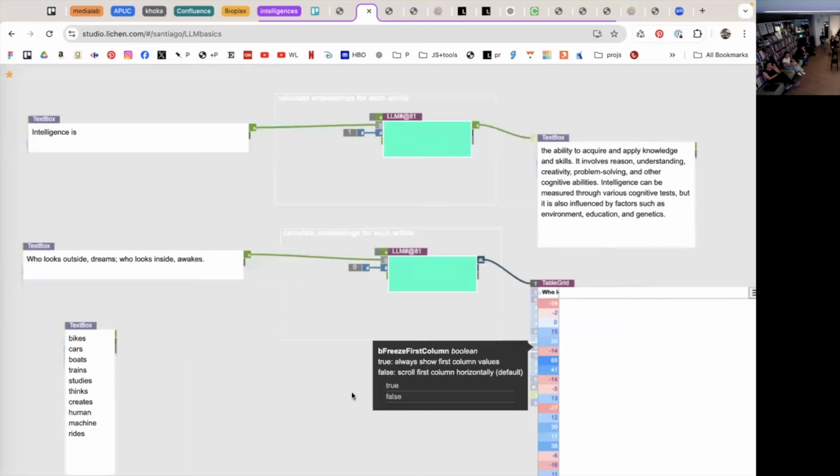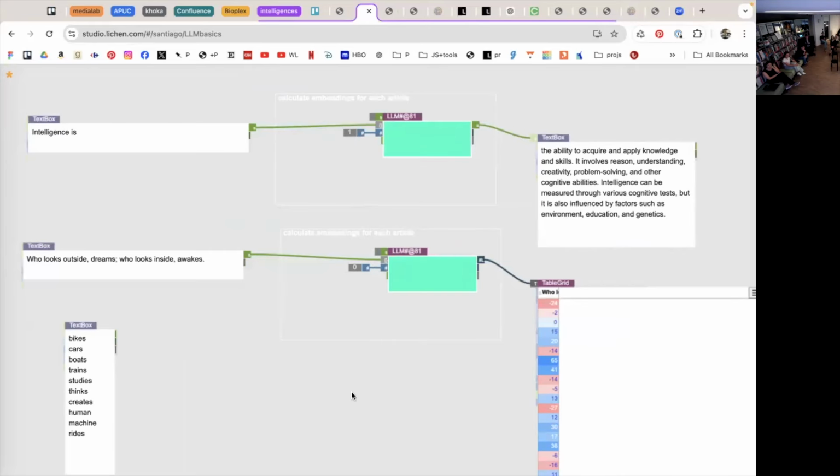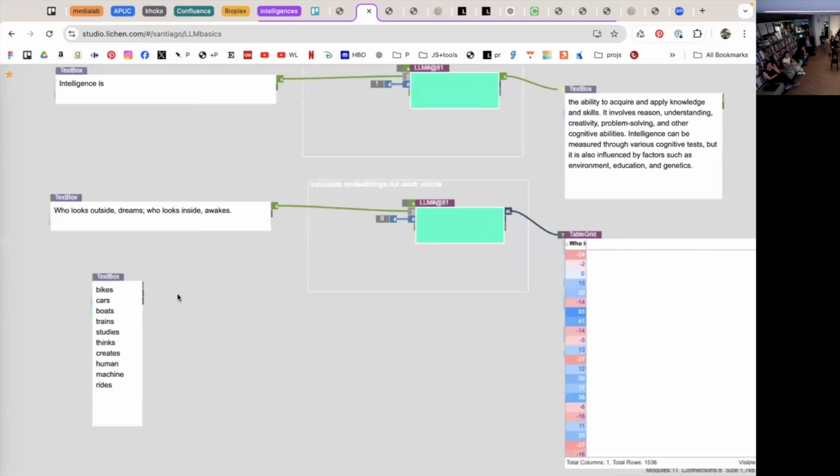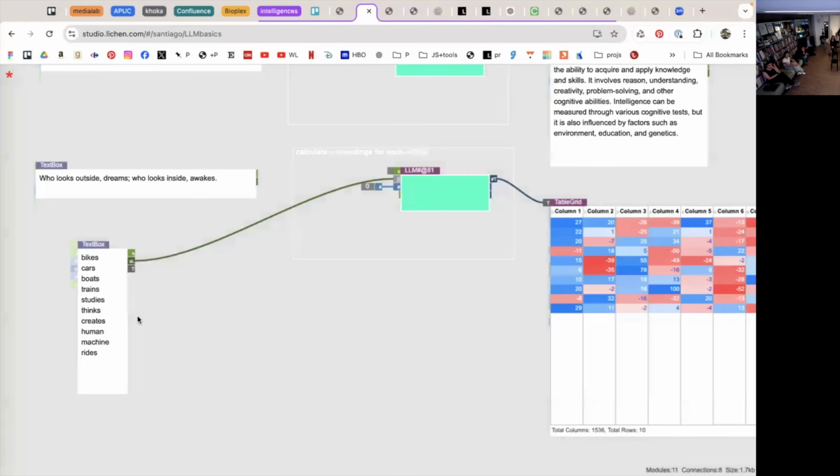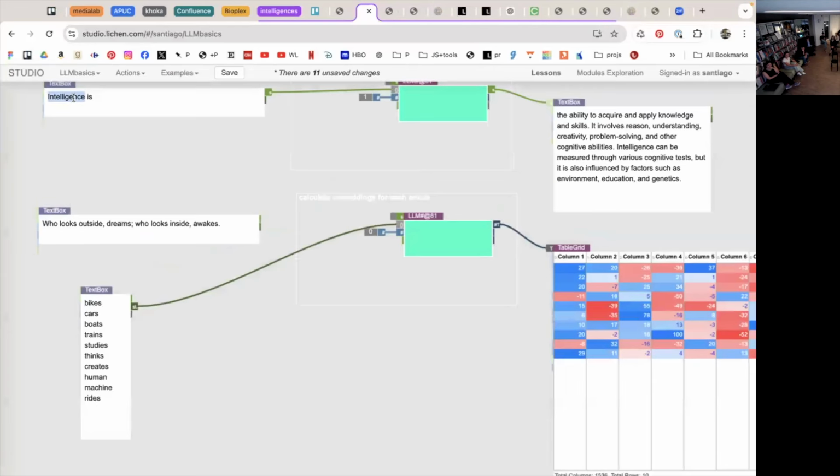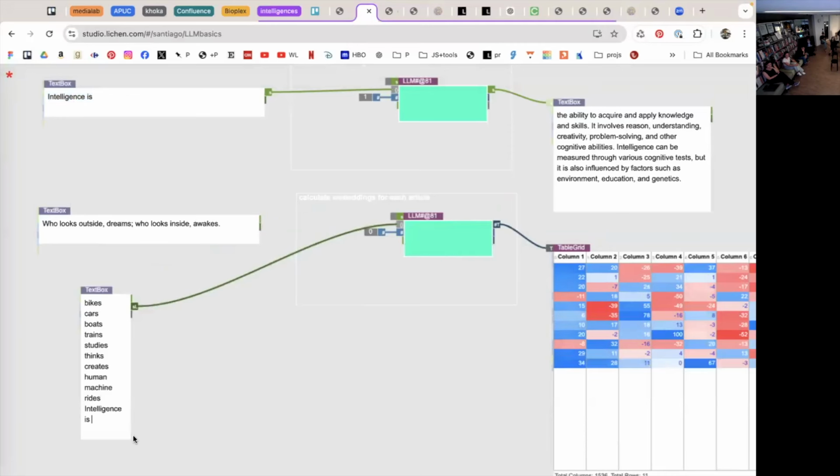But for comparing lists of numbers, we already have mathematics, right? It's easy. And what I'm going to do is connect, instead of just a single text, multiple texts here, and it will calculate the embedding for each of these, either words, or it doesn't have to be a word. It could be a short sentence or a paragraph or whatever, right?